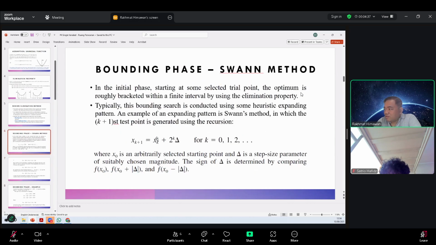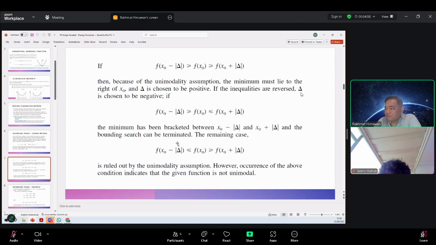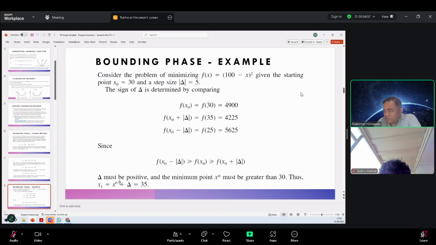So k is 0, this is x0, and this is x1, k plus 1. How about this? 2 to the power of 0 is 1. That's why we only have this sigma. So x1 is equal to x0 plus sigma. That's why we get this x1. We choose x1 to be 35 because of that formula.